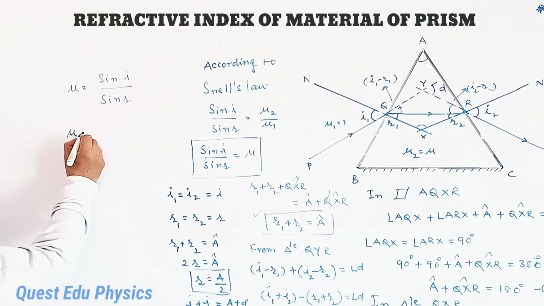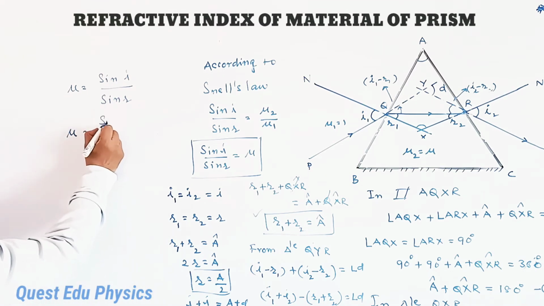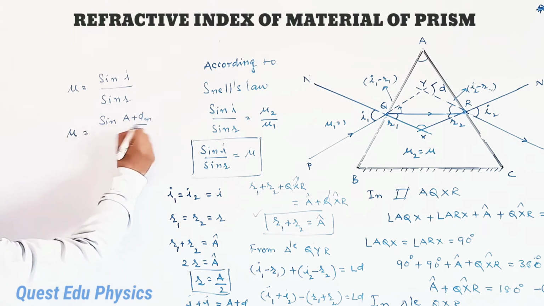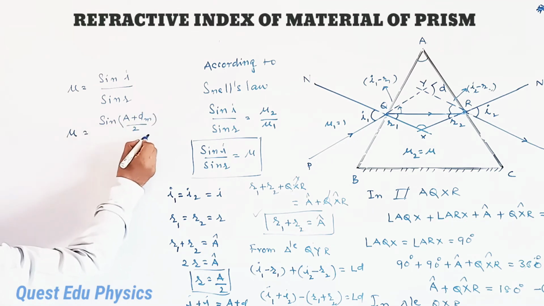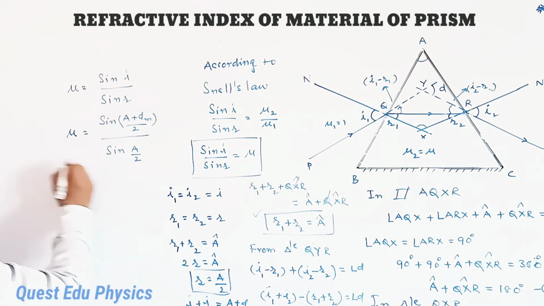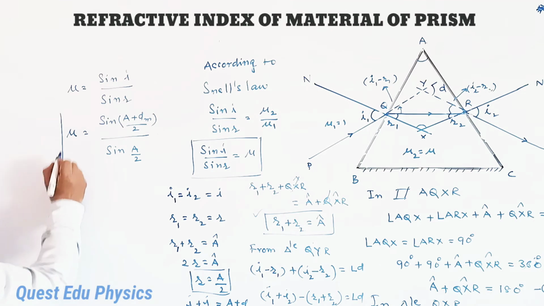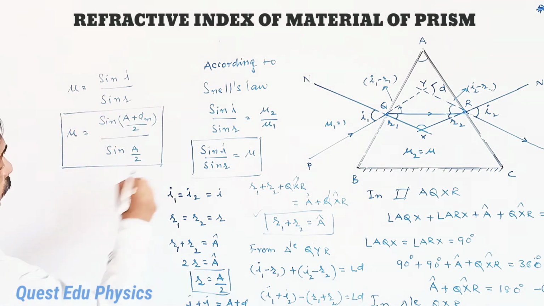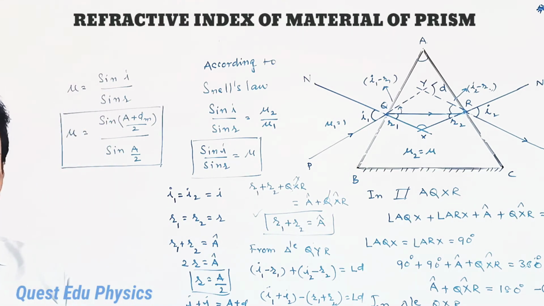On substituting the values, you will get mu is equal to sine of (A plus Dm) by 2 upon sine A by 2. It is the formula to calculate the refractive index of the material of the prism, students.